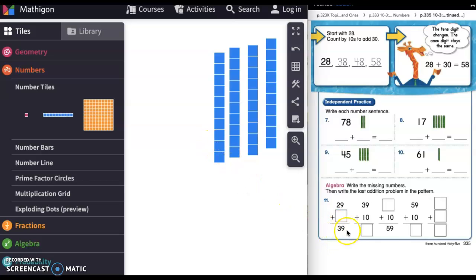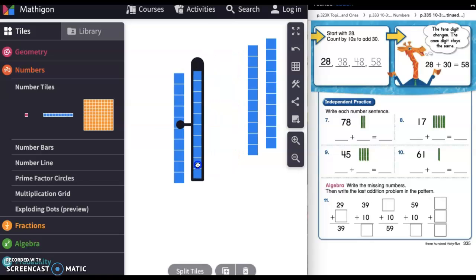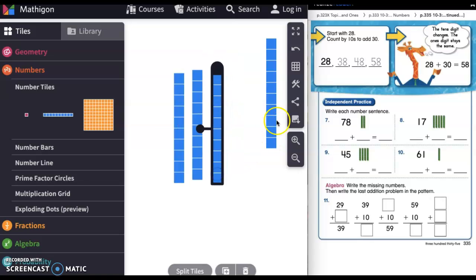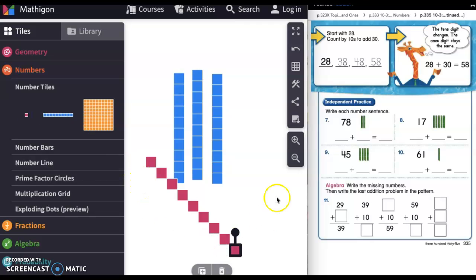So I'm actually going to put enough connecting cubes to represent 39, since that is what I want to get all together. So I have 10, 20, 30, 31, 32, 33, 34, 35, 36, 37, 38, 39. So I have 39 here all together.